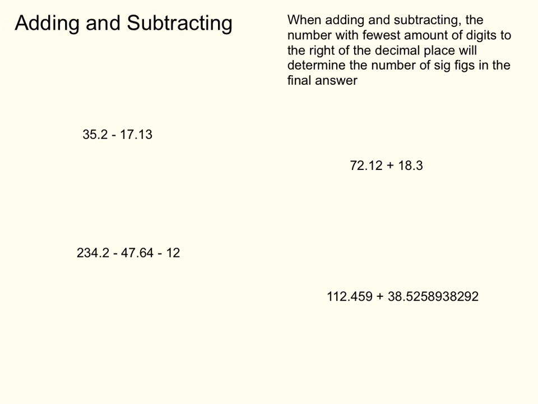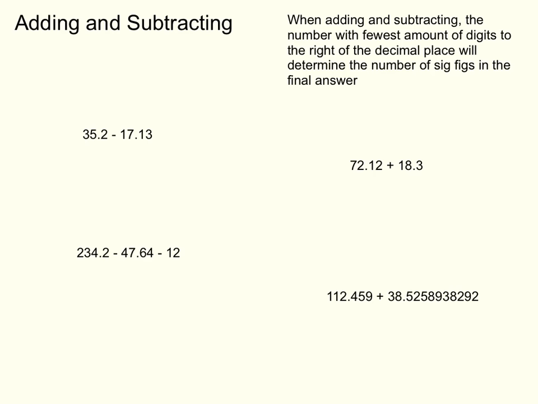When adding and subtracting, we need to look at the decimal places. So in the first example, 35.2 and 17.3, we're going to subtract those. Now, in the final answer, we're wondering how many digits to put after the decimal place.